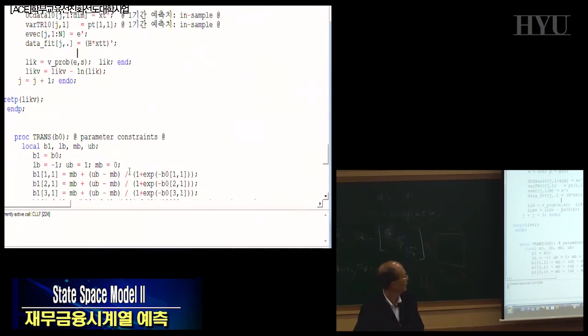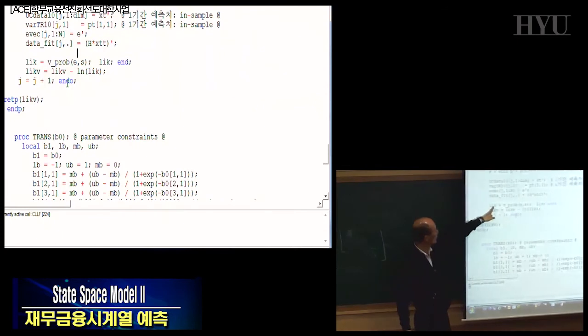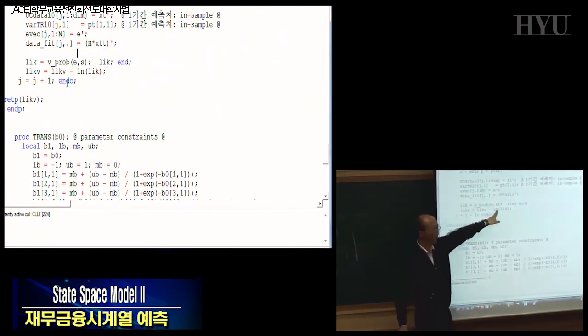Okay, and because we're minimizing the negative of the log likelihood, so this is a likelihood value, this is a log likelihood value, and you want to minimize it, so I multiply that by -1.